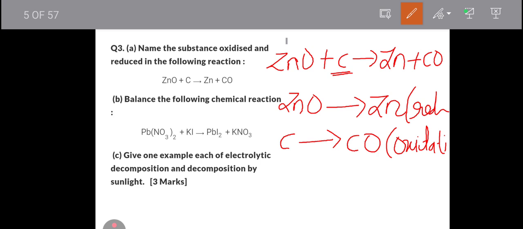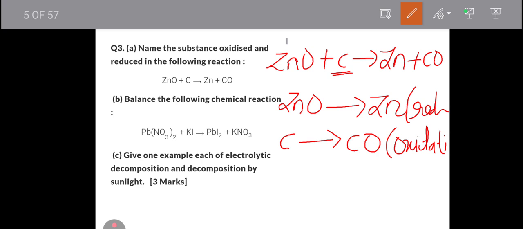Okay, so from this it is clear that zinc oxide is getting reduced to zinc and carbon is getting oxidized to what? Carbon monoxide. Got it? So whenever a question is asked regarding oxidation and reduction, or identifying which is getting oxidized, reduced, the oxidizing agent and reducing agent, the first thing you have to do is write down the reactants.